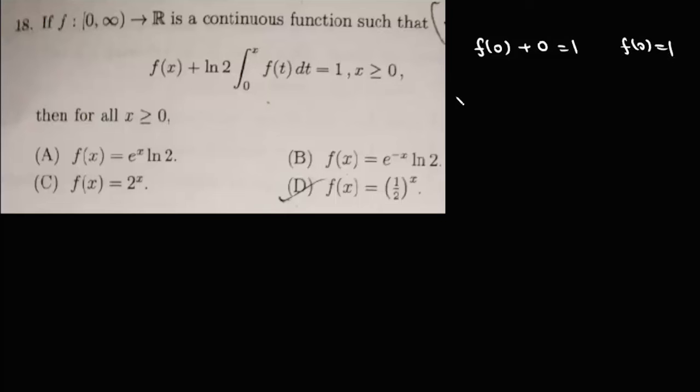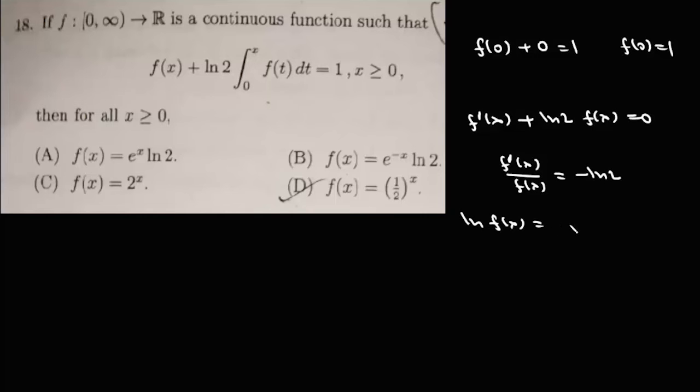Now what we'll do is we'll differentiate this expression. We can write f'(x) plus log 2 times f(x) equal to 0, or we can write f'(x) upon f(x) will be equal to minus log 2. Now this is log f(x) equals minus log 2 into x plus c.